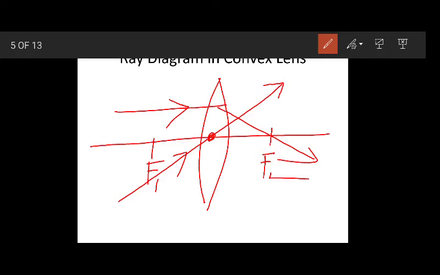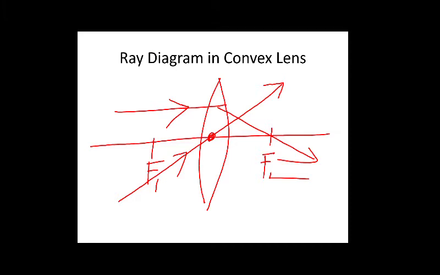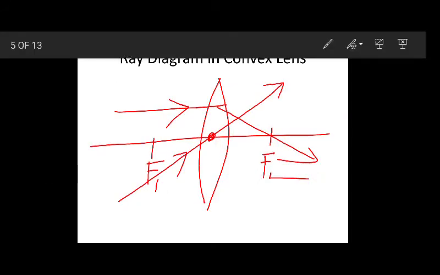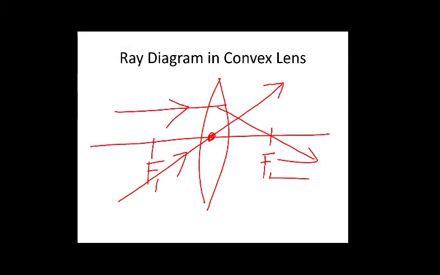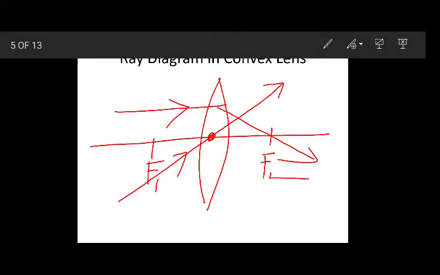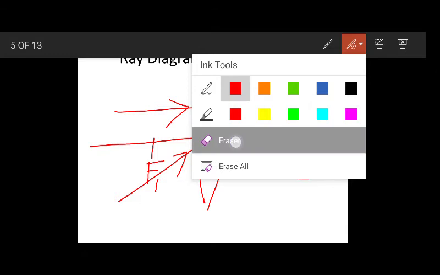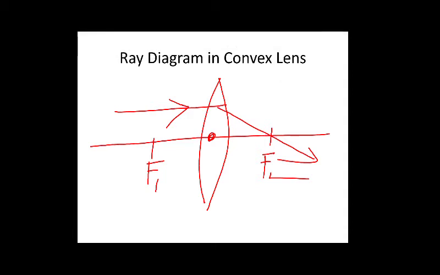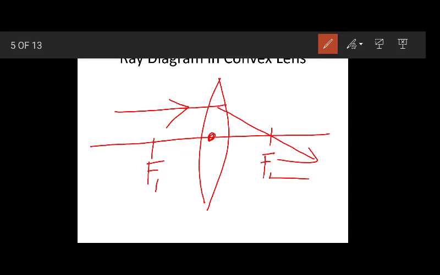And number 3, when light passes through principal focus, after refraction it will be parallel to the principal axis.